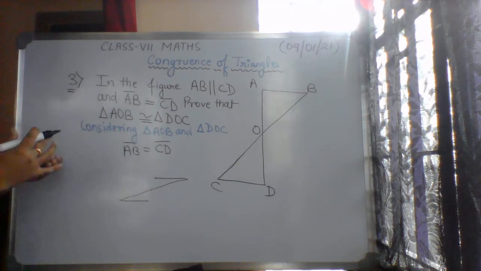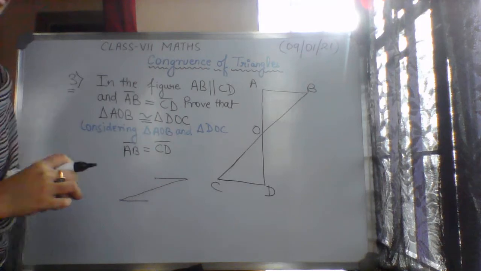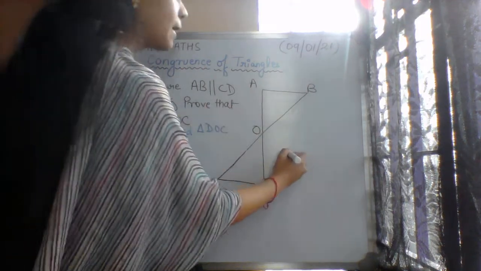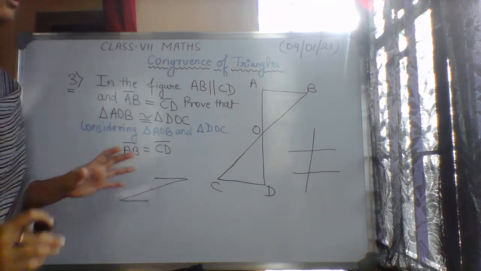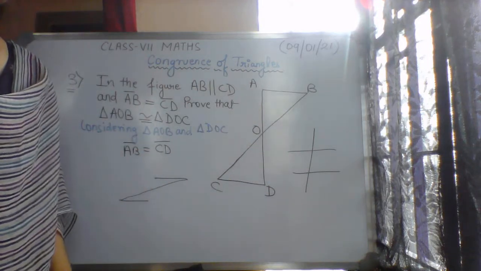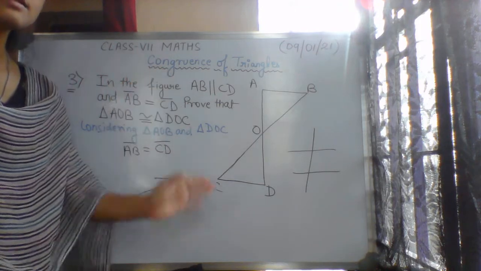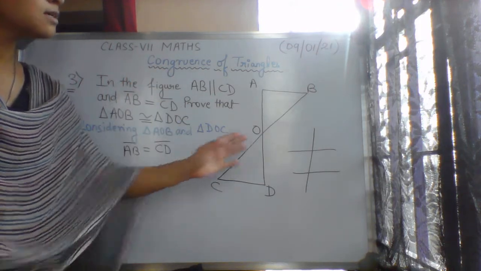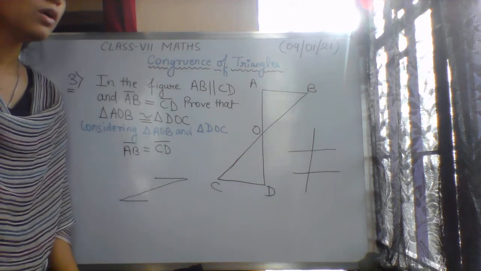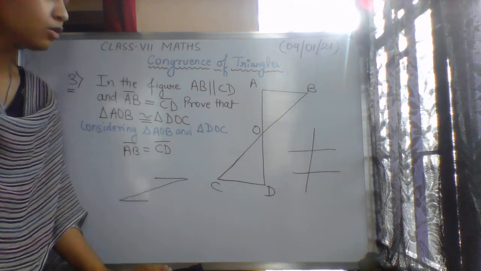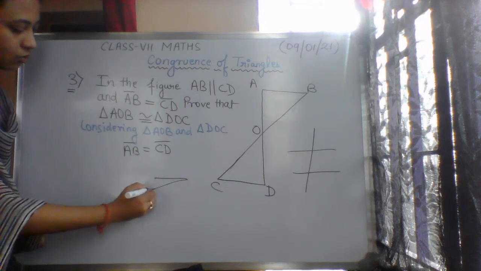So you have to just visualize that shape and correlate the things. You will always be thinking that two parallel lines intersected by a transversal at two different points will look like this only. No, it can have a different look. It can look like a Z also.